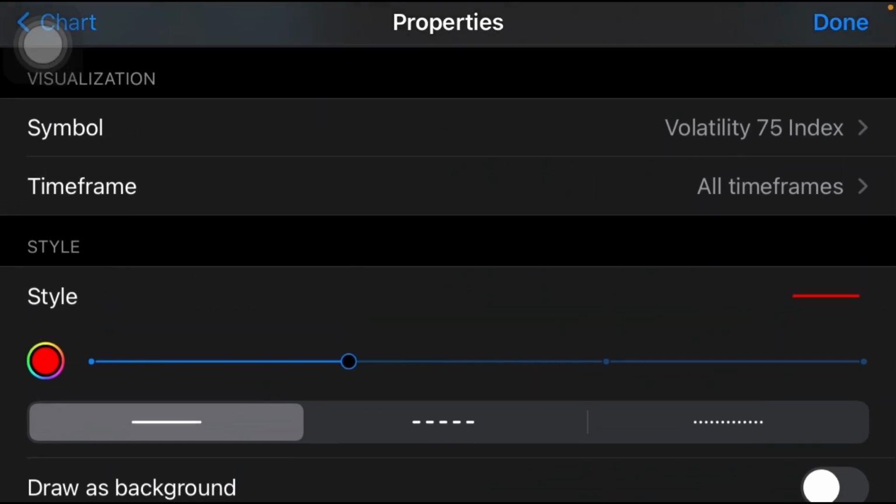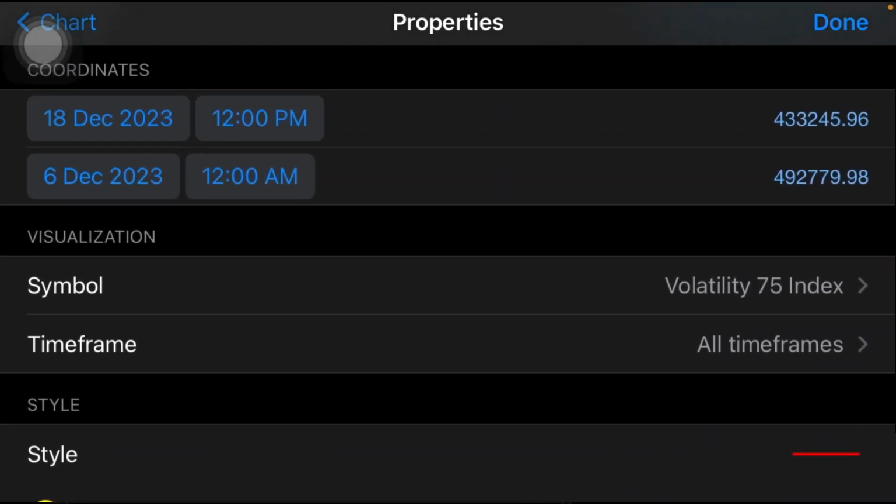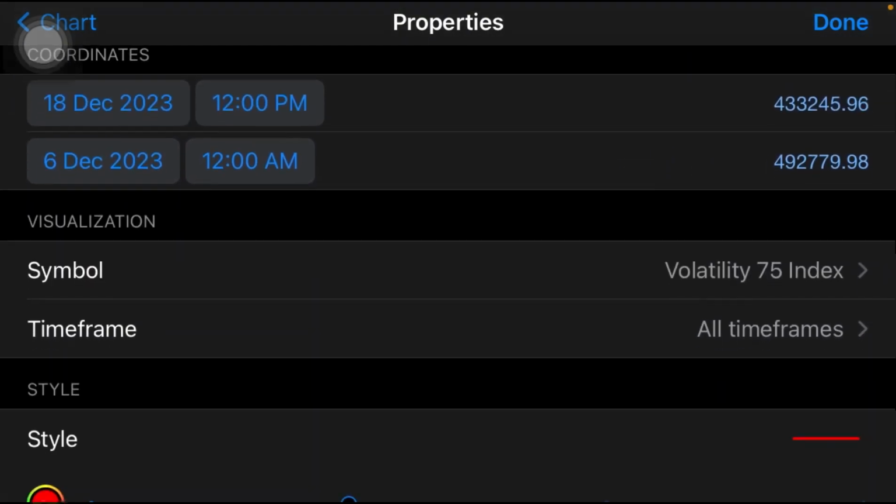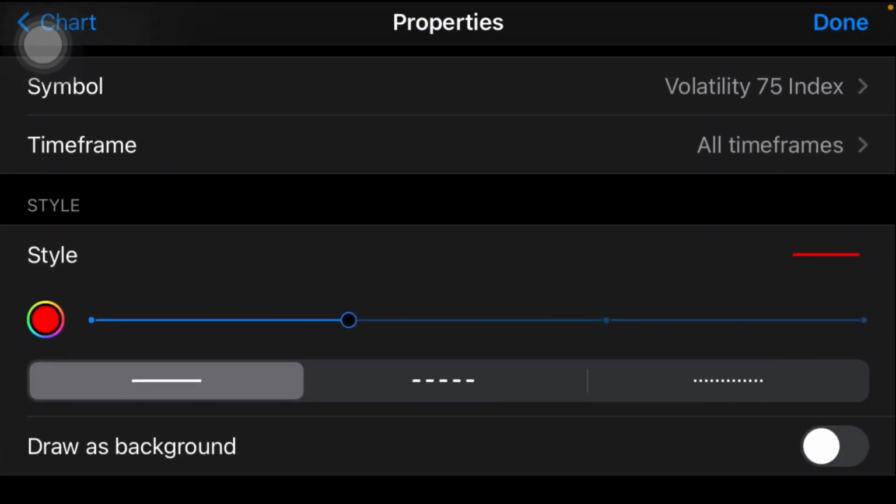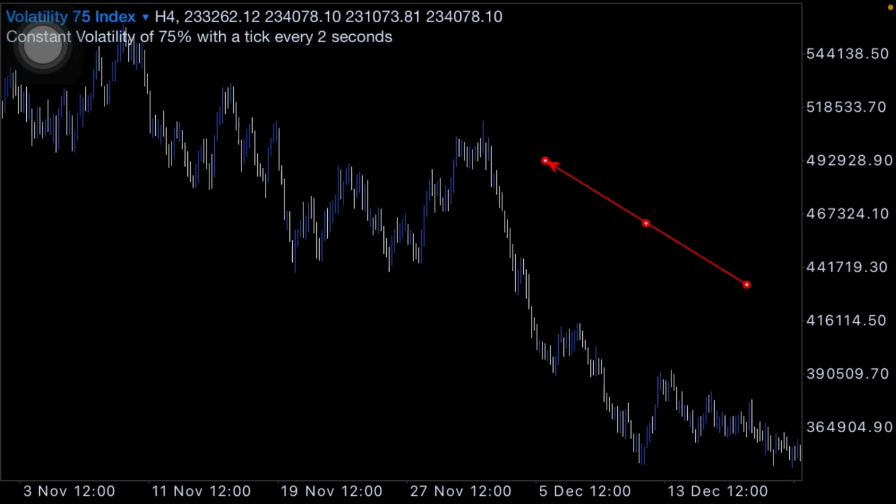Okay, I think that is what we can get to. All right, so we are going to use it like this.